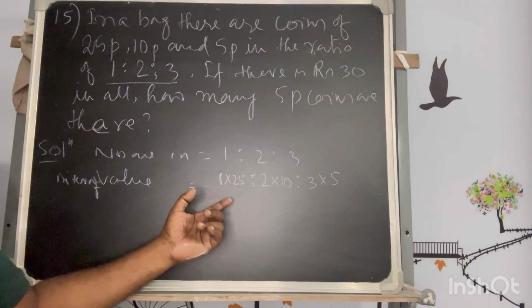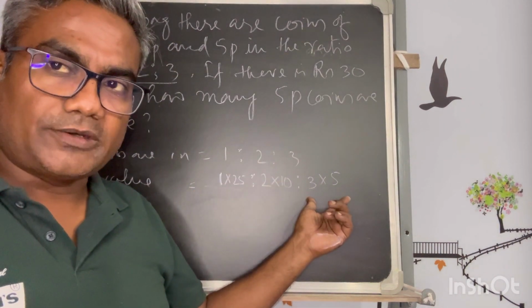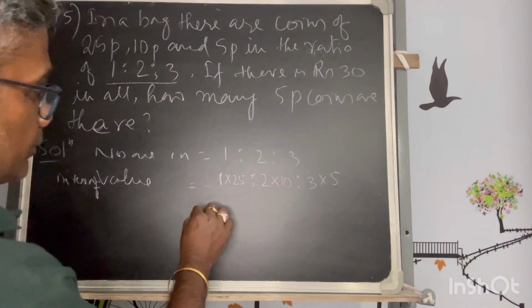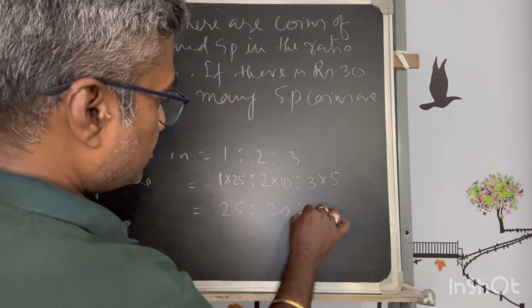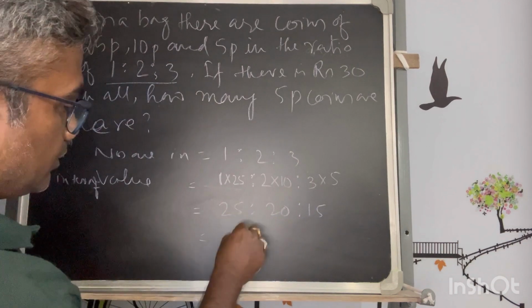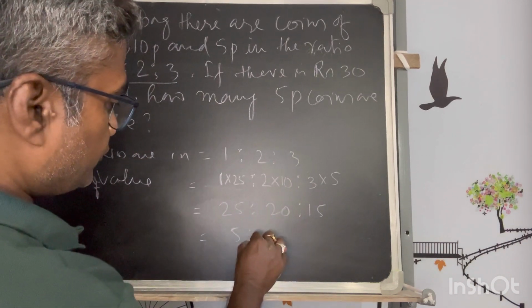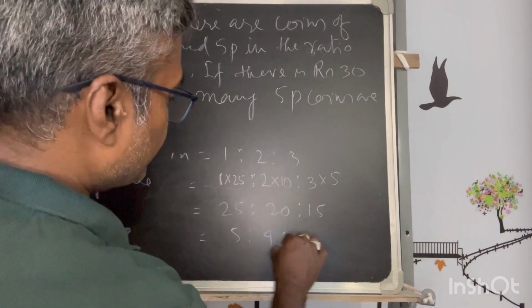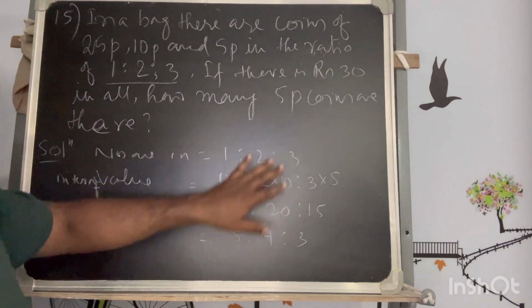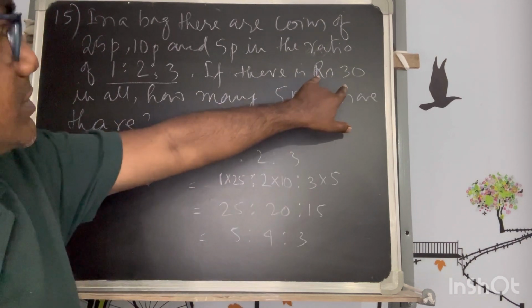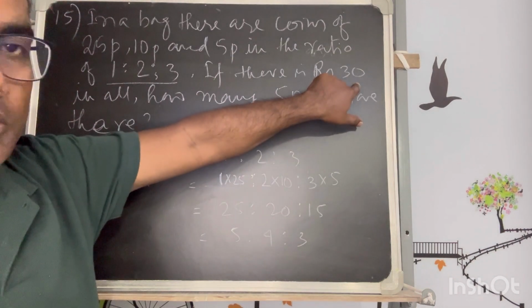So I will get the valuation of each. Ultimately this will turn into that valuation. That valuation, if I divide by 5, the ratio 5 is to 4 is to 3, this will be the valuation. In terms of valuation, as a whole it is 30 rupees.